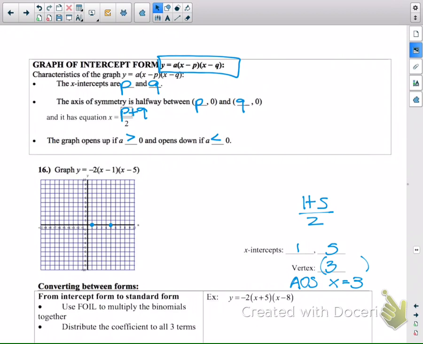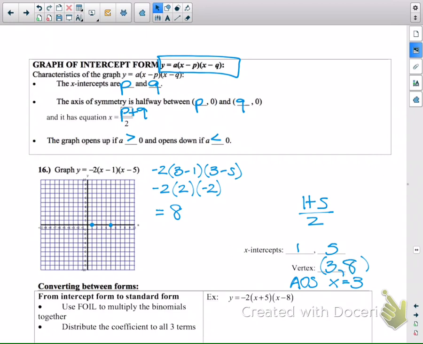If you don't know, that's always the best way. So -2 times 3 minus 1 times 3 minus 5. Order of operations says to do what first? Parentheses. That gives me 2 and -2. And I do -2 times 2 times -2, which gives me what as my vertex? Positive 8.